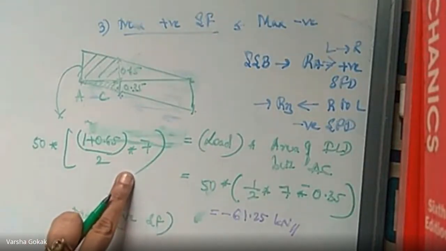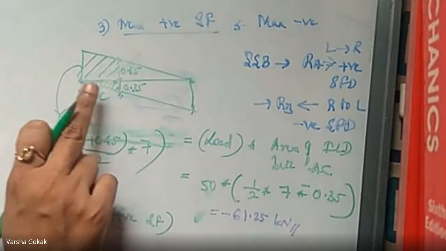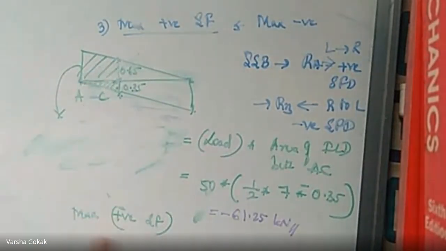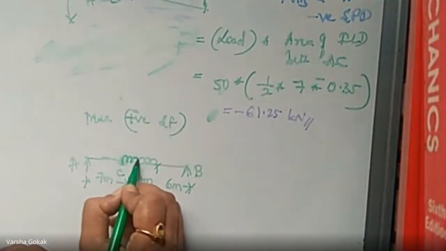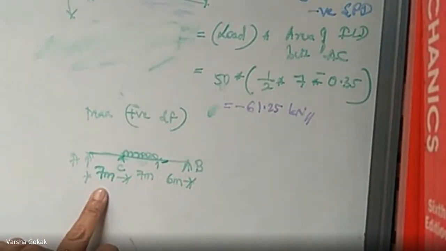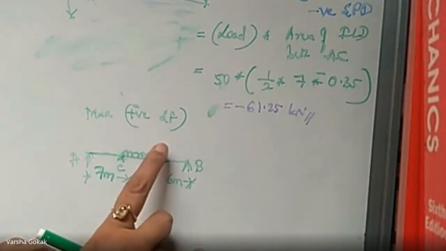That would be the maximum shear force for the same placement of the UDL. But the question says, find the maximum shear force value when the head of the UDL is at point C. And point C is at a distance of 7 meters.